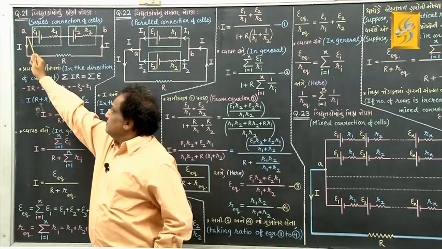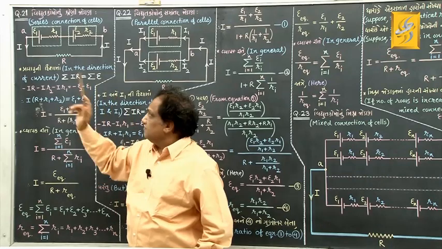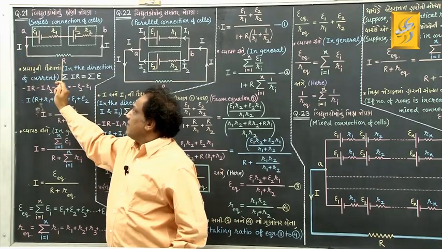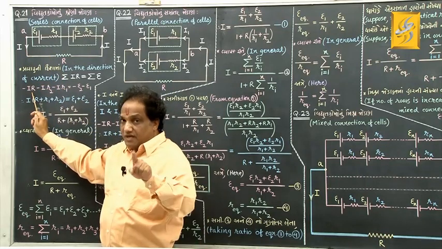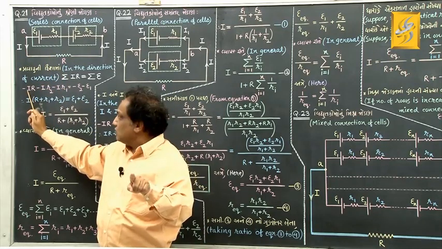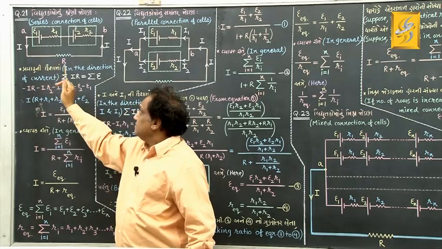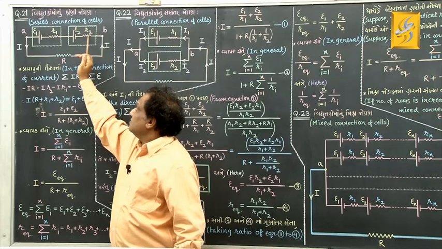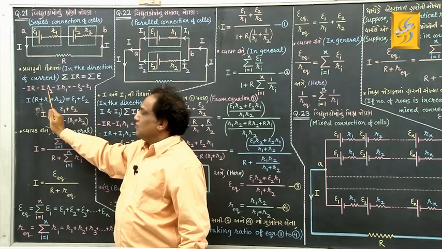When you move this way, in the direction of current, then the IR product should be taken negative. Current is I, resistance is capital R, take the product I into R. But because our journey is in the direction of current, I should take this product as negative. Go ahead this way, minus I r2, correct?